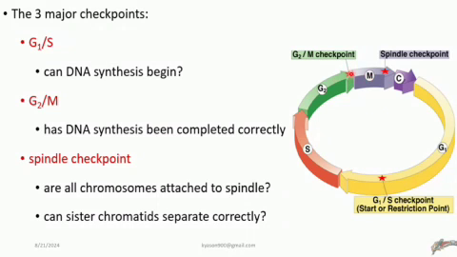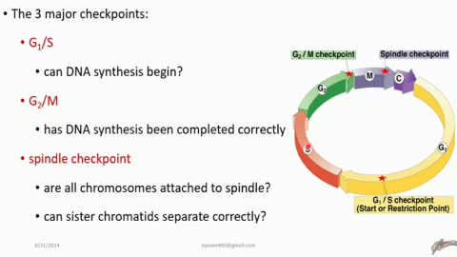Then we have the G2/M checkpoint, the checkpoint between the G2 phase and the M phase. This is going to check if the DNA that has been duplicated is normal. Remember, during the S phase there was DNA duplication, and DNA duplication is a very long process that involves enzymes and very many events. The DNA is going to be split, and the different nucleotides are going to be attached together to form the new DNA molecule.